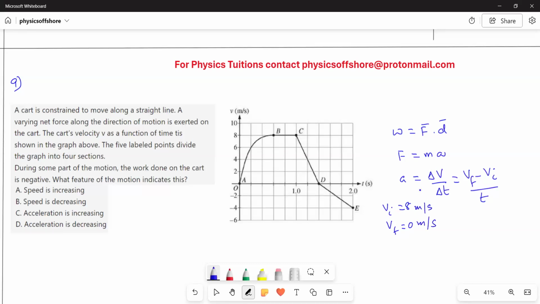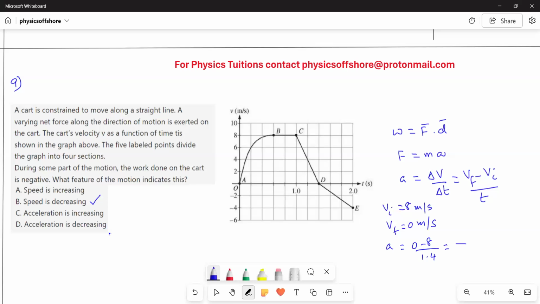So here a is equal to (0 minus 8) divided by 1.4. Whatever the value, we get some negative value. Obviously, the work done will become negative. So what is happening here? The speed is decreasing. That is the answer for this question.